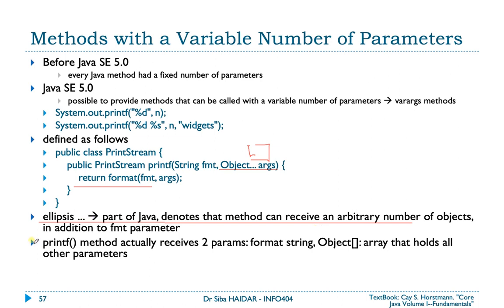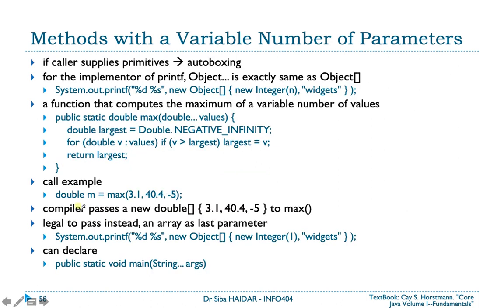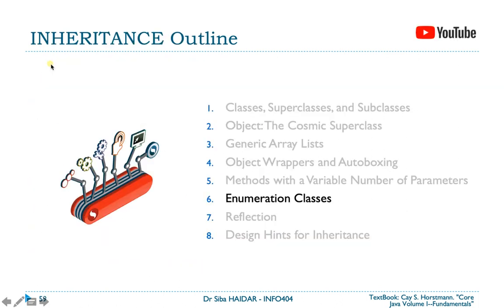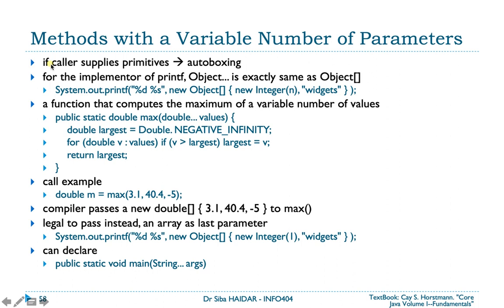This arbitrary number of objects is actually an array of type Object that can hold all the other parameters. If the caller supplies primitives, as you can guess, they will be automatically autoboxed into an object type. For the implementer of printf, Object... is exactly the same as Object[].